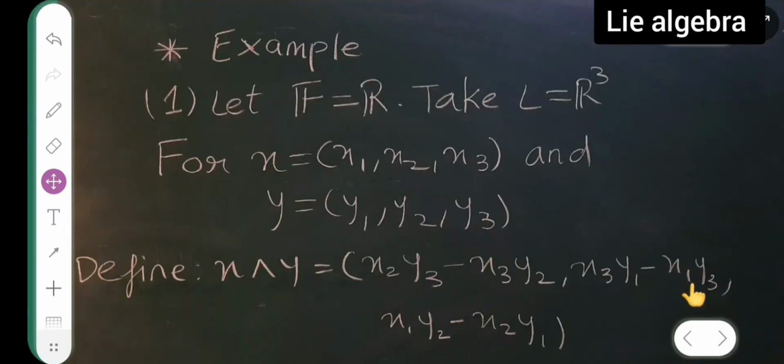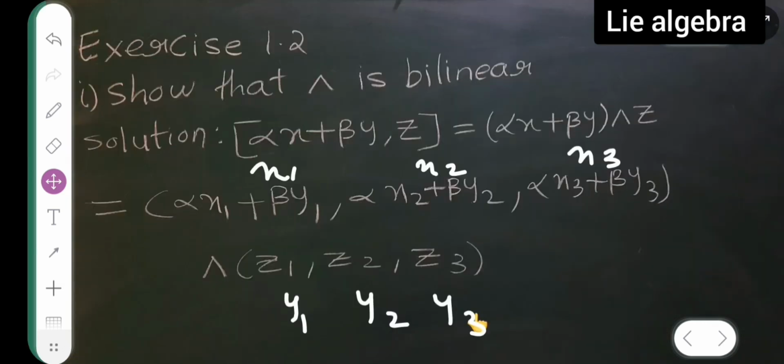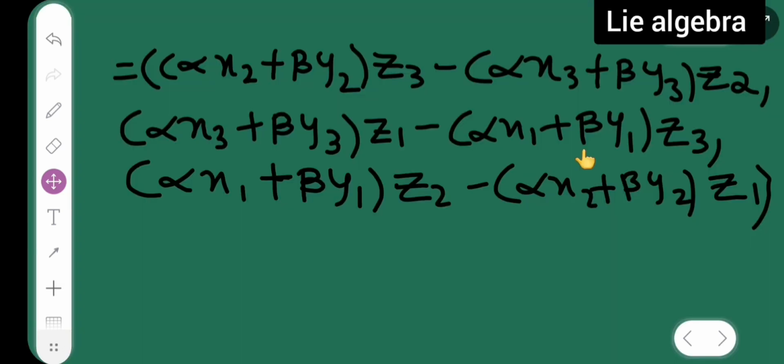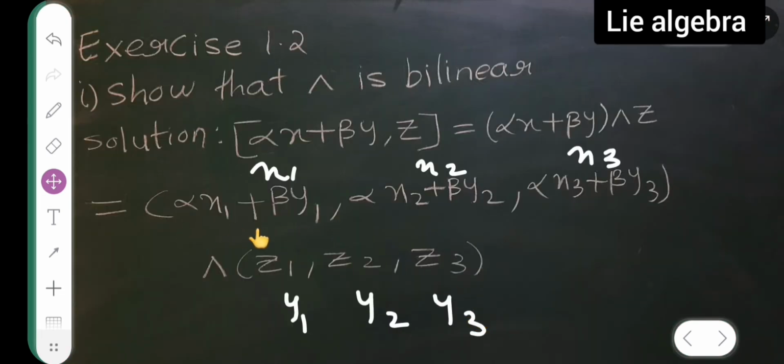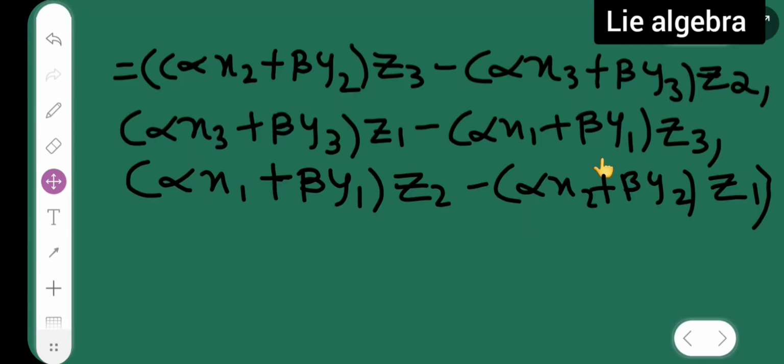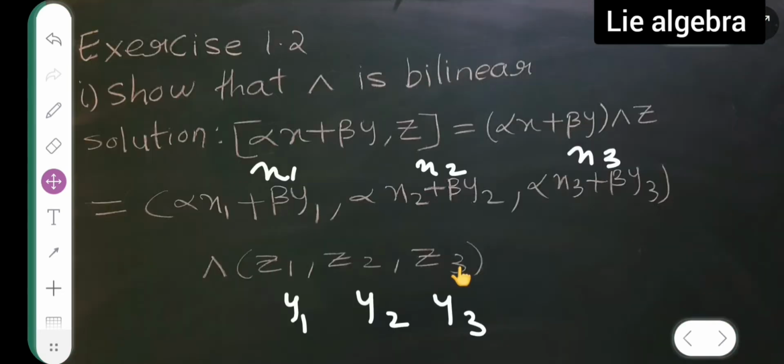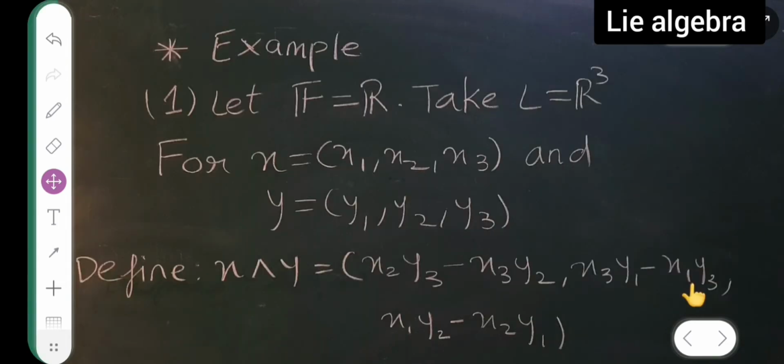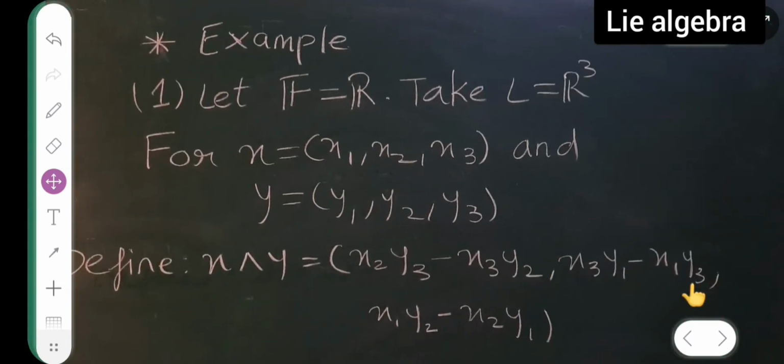Minus x1 into y3. So minus this into this z3, which I'll have to place over here. Then comma, last part is x1 into y2 minus x2 into y1.